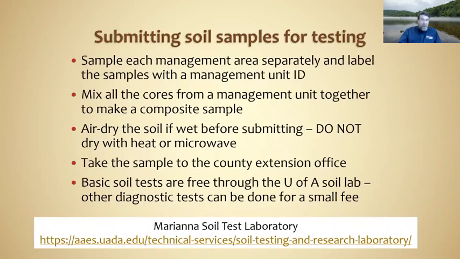When you submit your samples to the lab, what you're really trying to do is develop that representative sample that I just talked about. So what that means is you want to sample an area that you're going to manage the same way. If you're sampling an entire field and you're going to treat the whole field the same way, you might collect one soil sample.